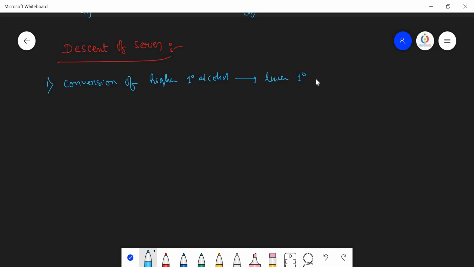Now means we are reducing the number of carbons, lower primary alcohol. So whenever you want to reduce the alcohols or whatever molecules it may be, all the molecules are to be converted to the alcohols except amines.